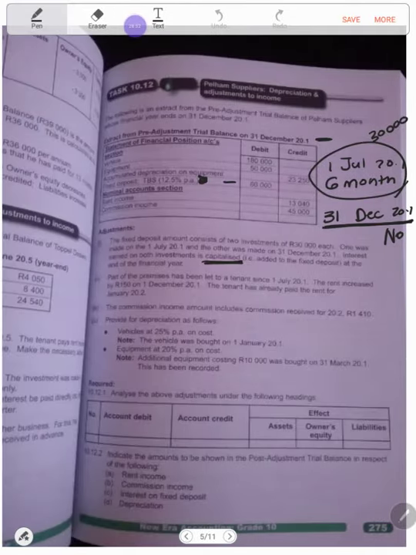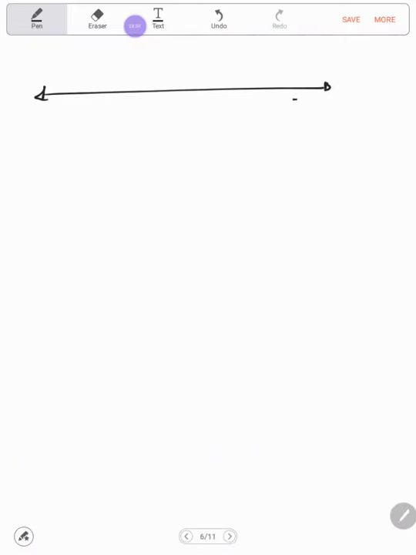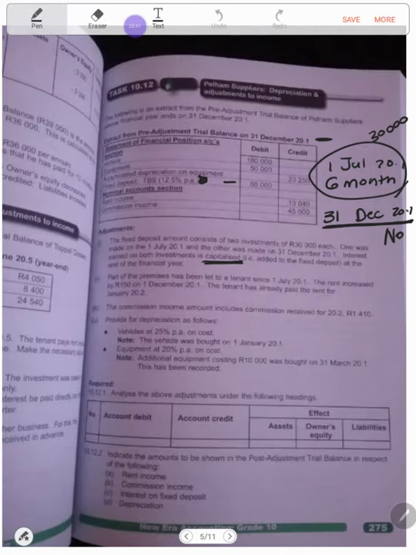Okay, firstly, your month timeline is important. When does your financial year end? Your financial year ends on the 31st of December 20.1. Anything after this is in your next financial year. I'm only interested in my current financial year. So they said part of the premises has been let since July.